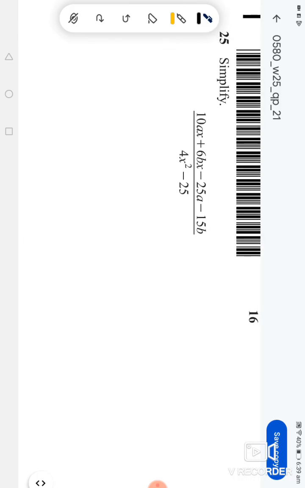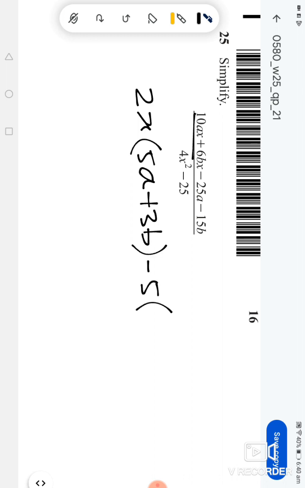Question 25. 10ax plus 6bx minus 25a minus 15b by 4x square minus 25. Take the common factor from here. So common is 2x, 5a plus 3b, minus 5 common, so 5a plus 3b.